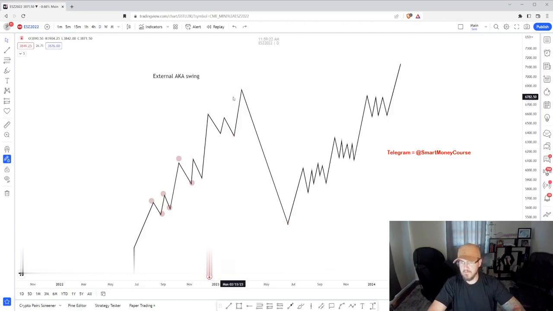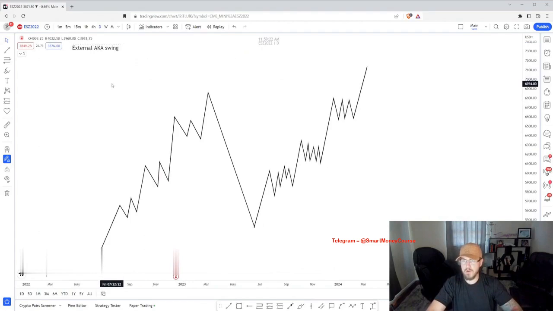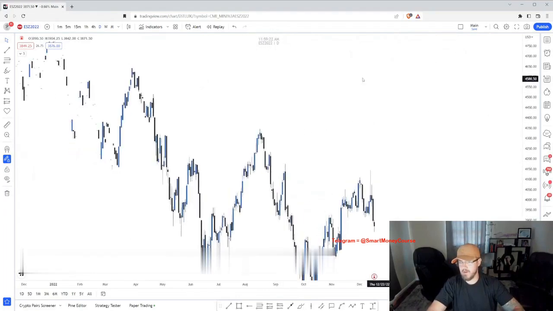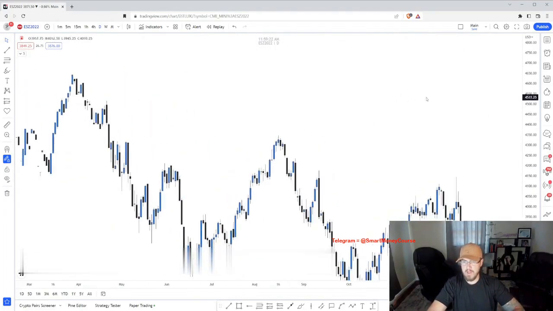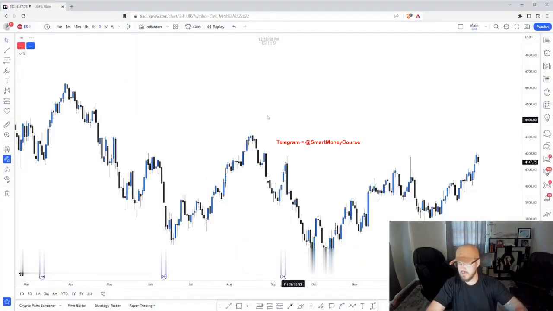So whenever we're looking at external structure, it's very important to look at what a relative swing looks like. So let's just take a look at price over here. So for instance, let's go on the actual chart.